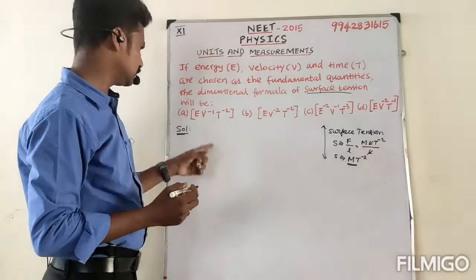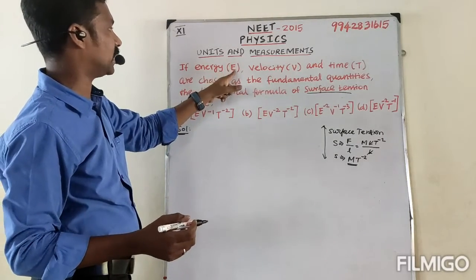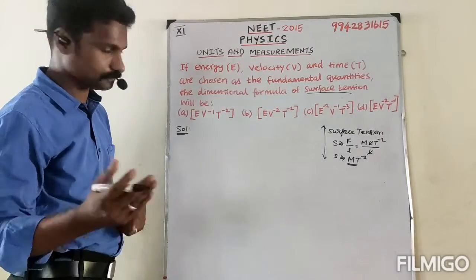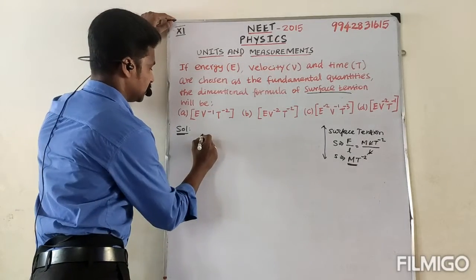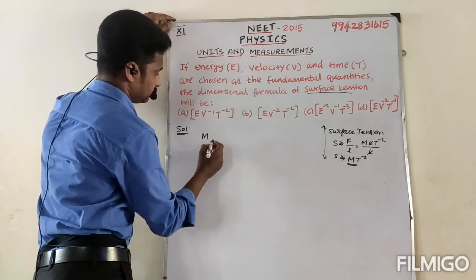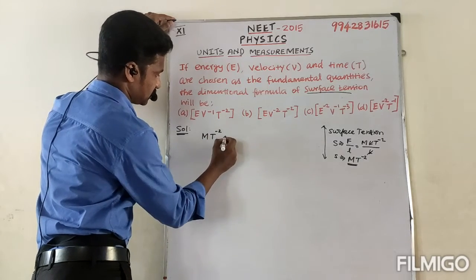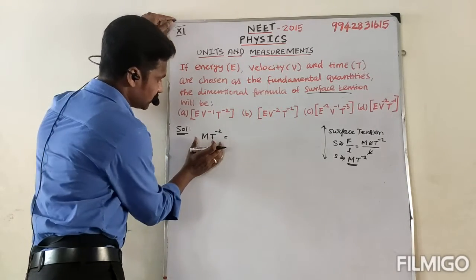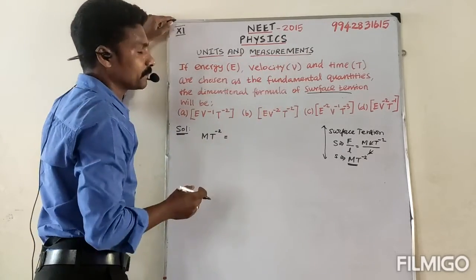But instead of MT^-2, they give it in the form of energy, velocity and time factors. So let's see them one by one. The left side is MT^-2, that is, surface tension is equal to a combination of energy, velocity and time.